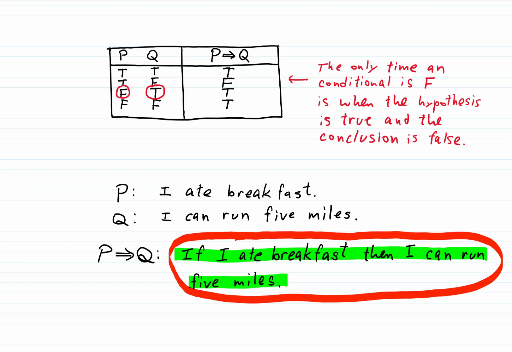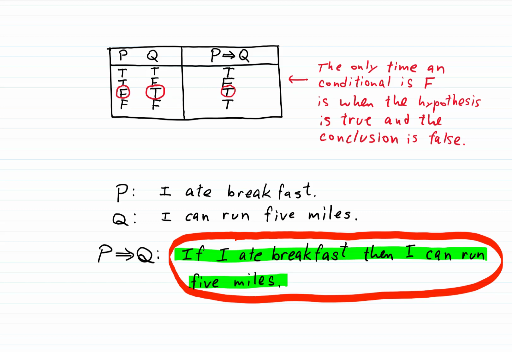Okay? So if P is false and Q is true, then that statement, if P then Q, cannot possibly be shown to be false. And if it's not false, then it is true.